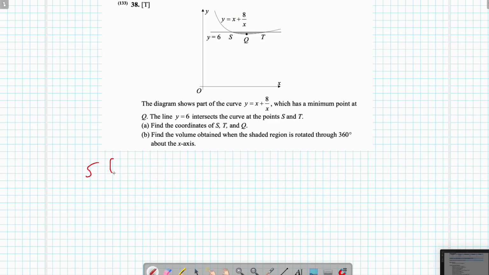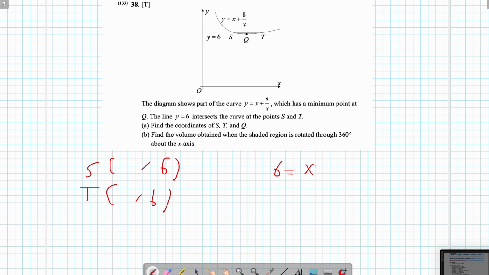S is equal to something, 6, since it intersects the line y equal to 6. Also t, same thing. So 6 is equal to x plus 8 over x.